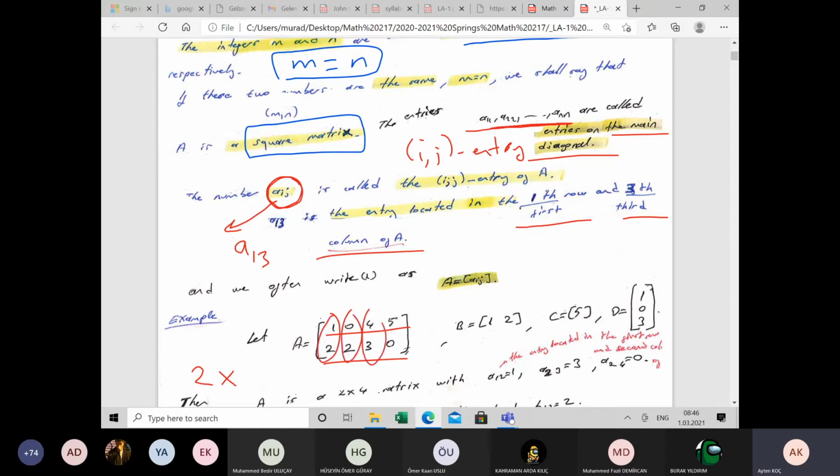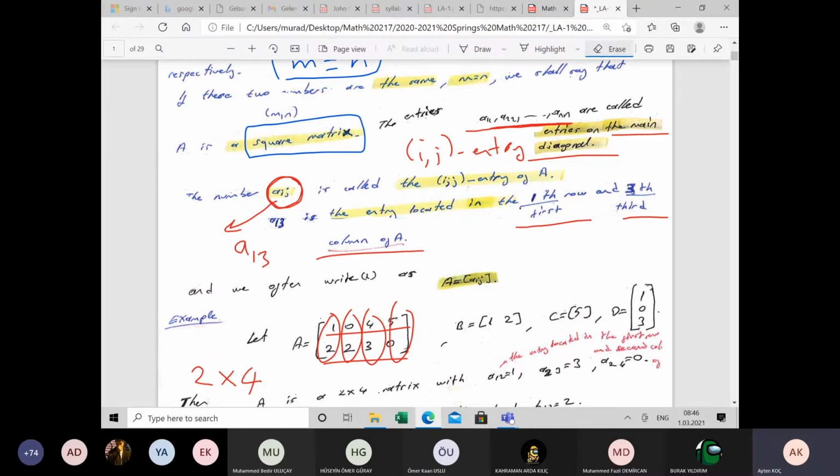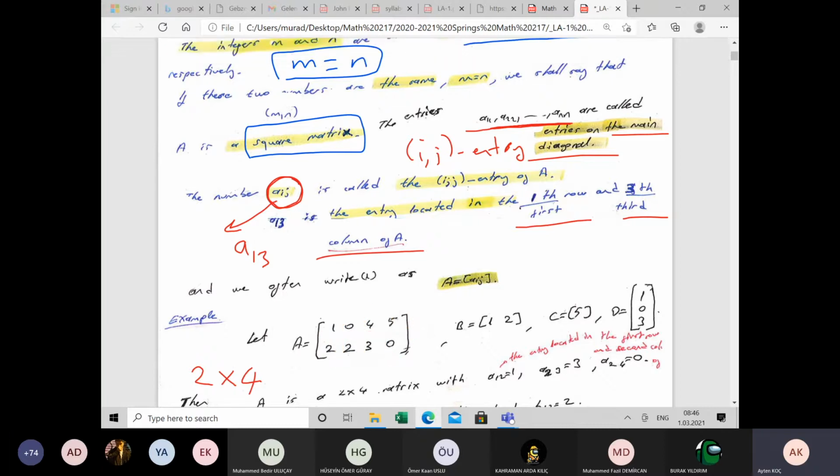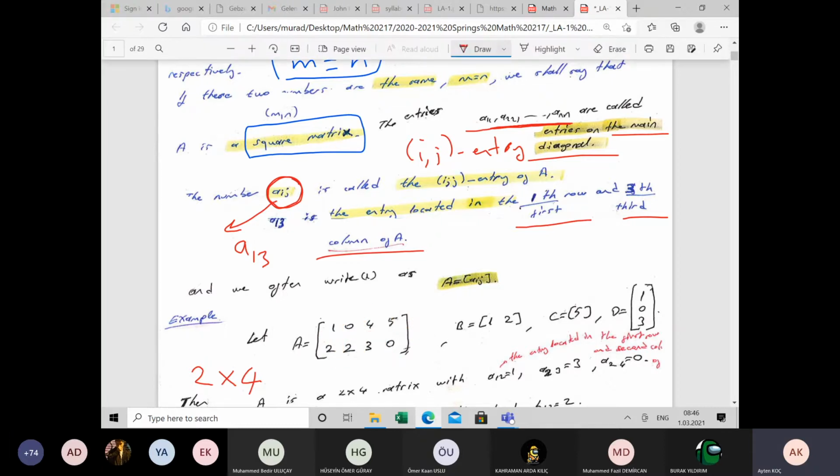First, second, third, and the last one, 4. So our matrix A is a 2 by 4 matrix. Is it a square matrix or not? The number of rows is 2 and the number of columns is 4. 2 is not 4, so it is not a square matrix.